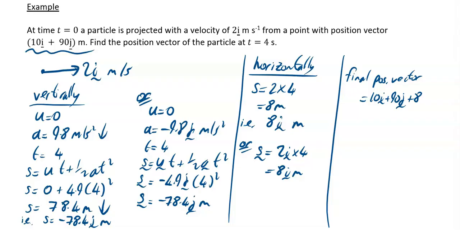You've now moved another 8i and another minus 78.4 j. So when you put those together, you're going to have 18i, and then it's going to be plus 11.6 j, and that's going to be meters.